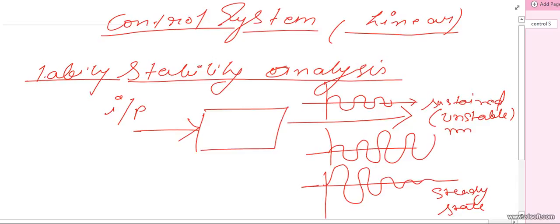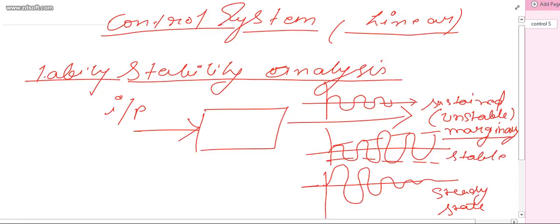However, it is marginally unstable, not completely unstable. Marginally, we can say at the verge of instability, the system might go. However, here we see that the oscillations are going on increasing. So this is an absolutely unstable system.